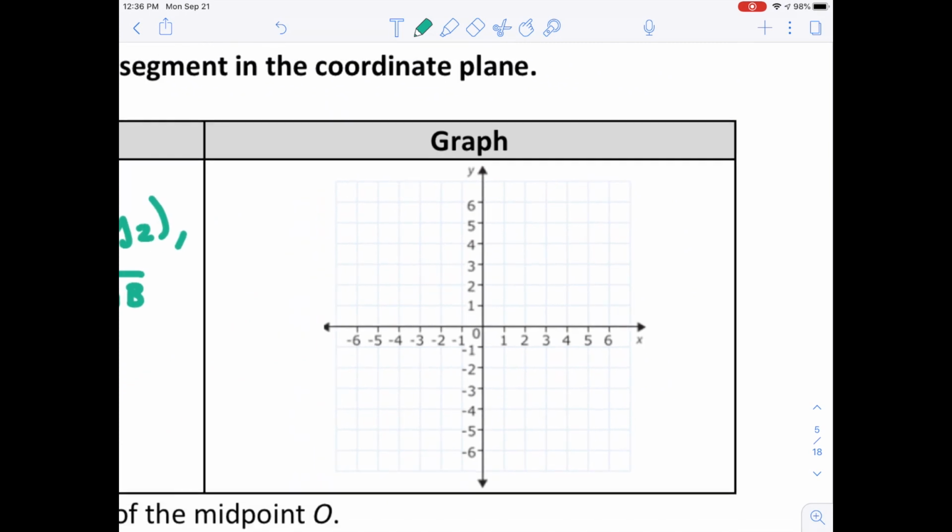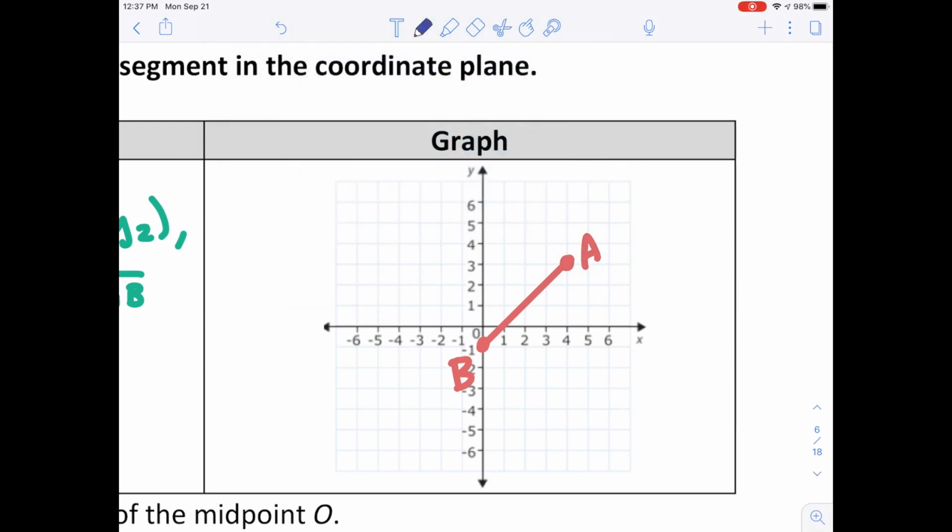Now, if I gave you a graph, here's what it would look like. Say you had a point at 4, 3, and you had another point at 0, -1. Say these were point A and point B of a line segment.